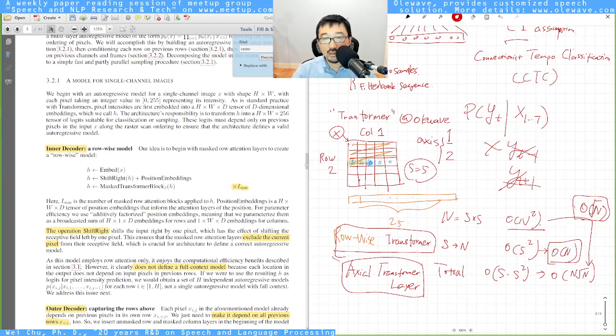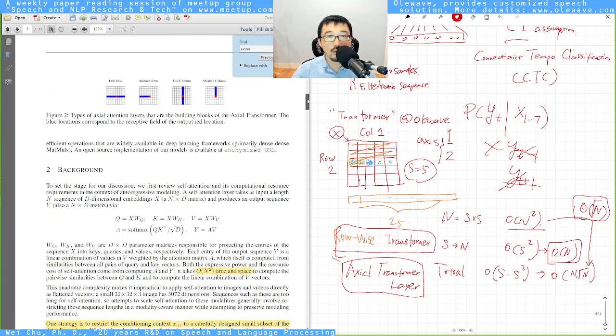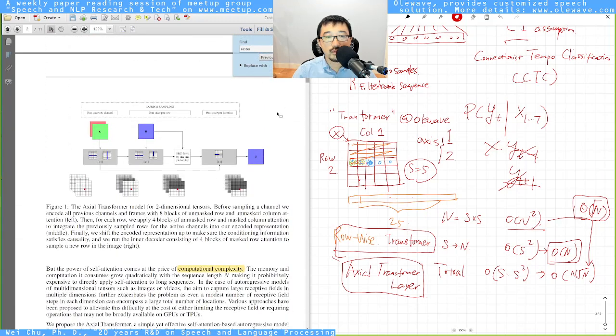We talked about the causality assumption, or the constraint. They want to make sure that this model does not see anything including this element and the elements to its right. This is what shift right does. And if you see figure 1, you see here this part.